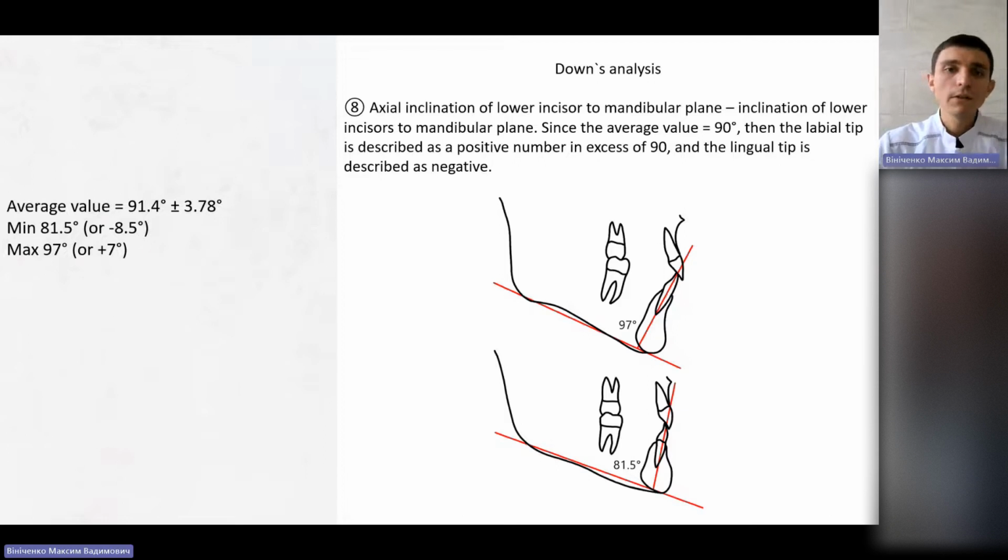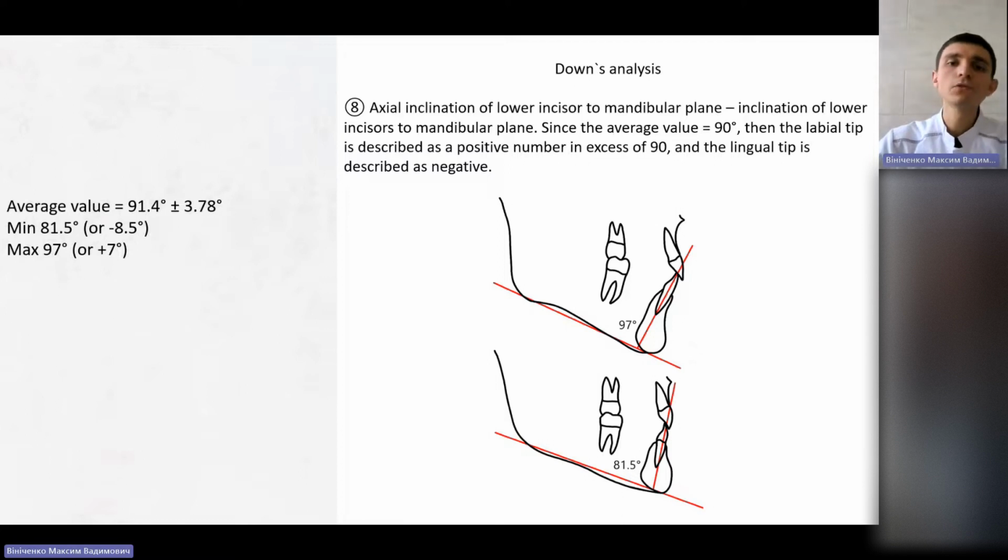So you could have a good Instagram photo, but after your treatment, there would be a relapse. These teeth would want to return to their position before treatment. It wouldn't be stable. It is unstable. So we can't protrude these teeth.